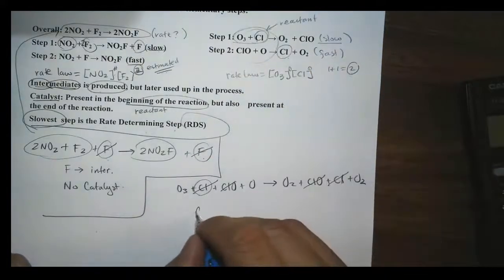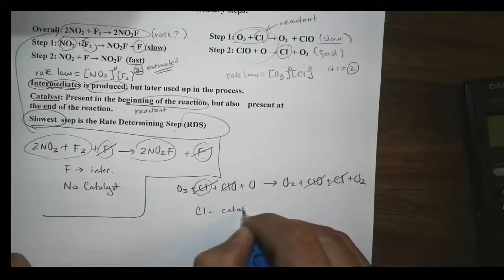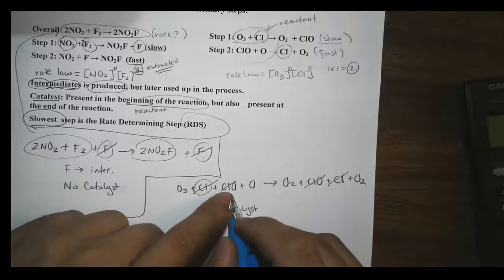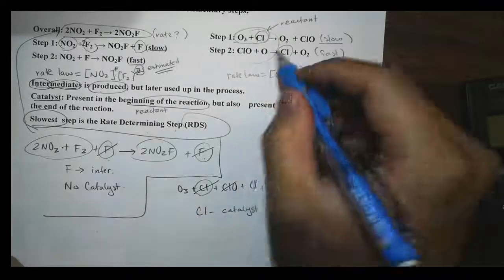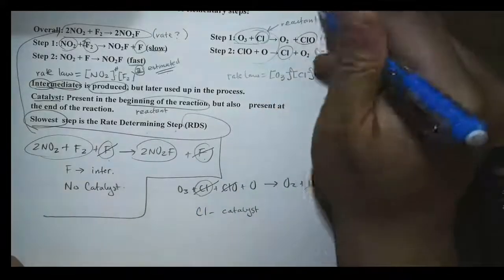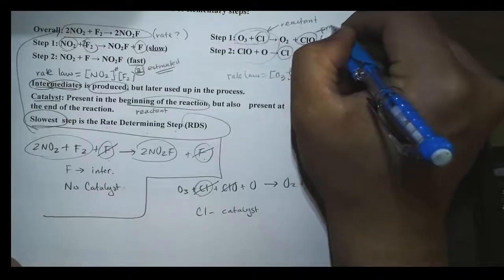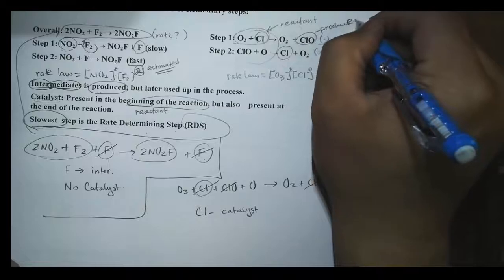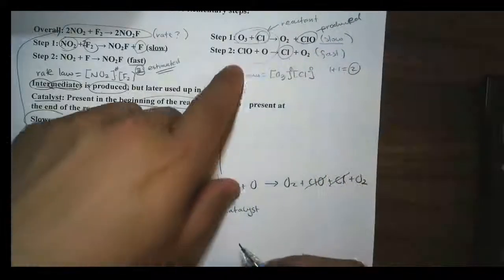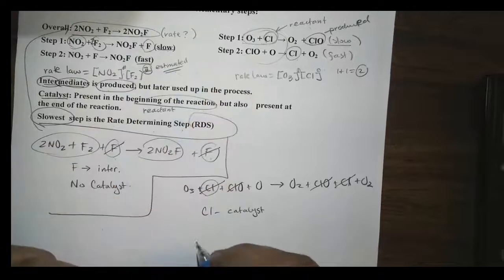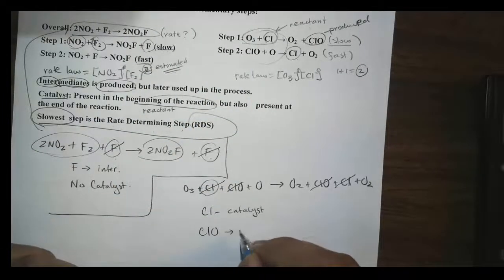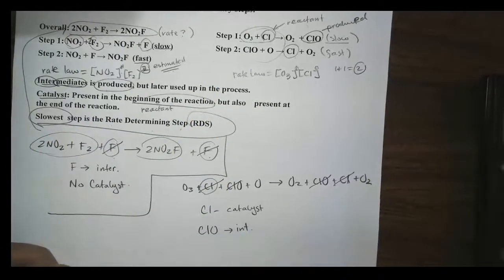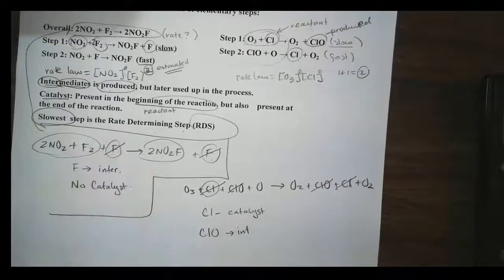So that tells you that Cl must be a catalyst. Now let's look at ClO, okay? In this case, it happens to be produced on the product side. So it's being produced, while in the process it's being consumed or used up as a reactant. So that tells you that ClO must be your intermediate. And that's the key difference between a catalyst and an intermediate.